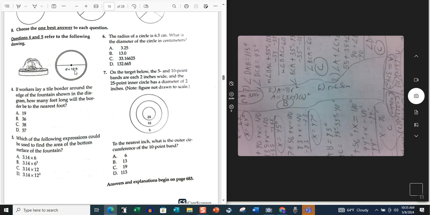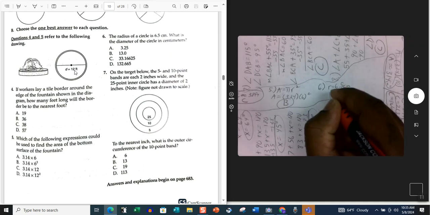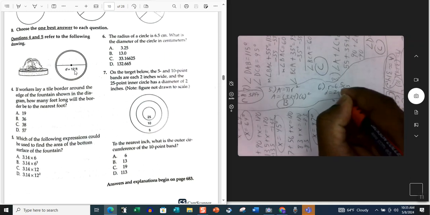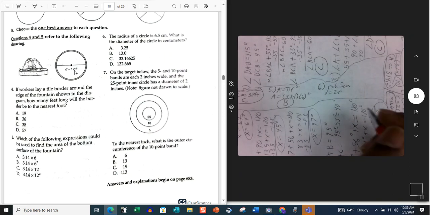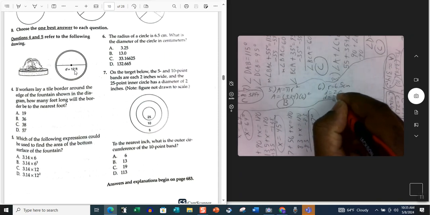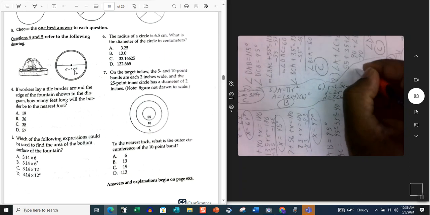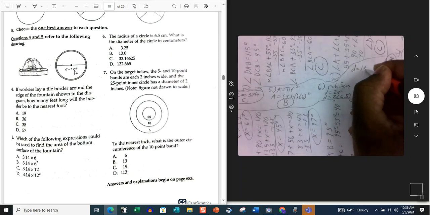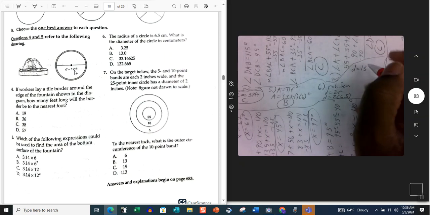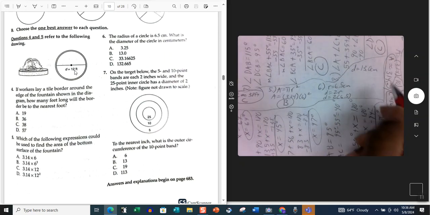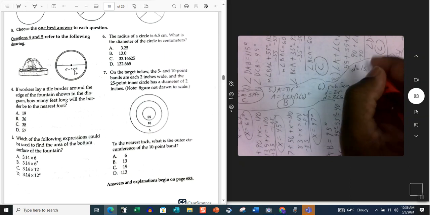Now remember, the diameter is just twice the radius. So the diameter is 2 times R. So we would do diameter is equal to 2 times 6.5. So our diameter would be 13, or 13.0 centimeters when you multiply the 2 times 6.5. So that would give us B.